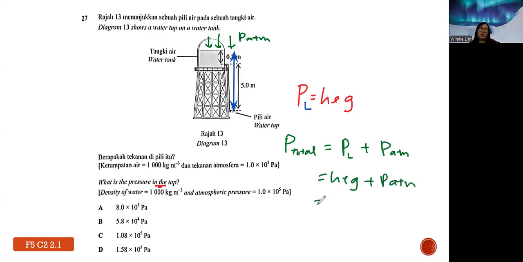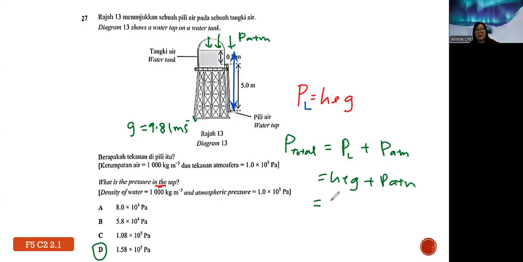If you use the correct g, 9.81 meter per second squared, your answer is 1.57, and there is no such answer. Generally they actually use g as 10, then you will get the answer, which is D.